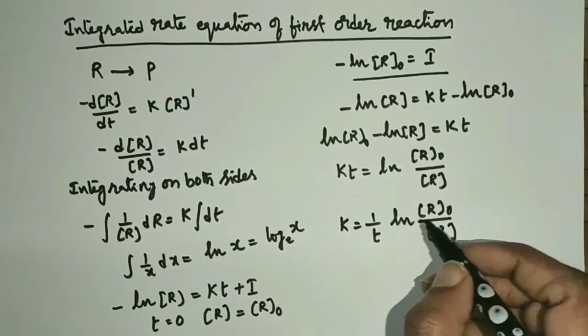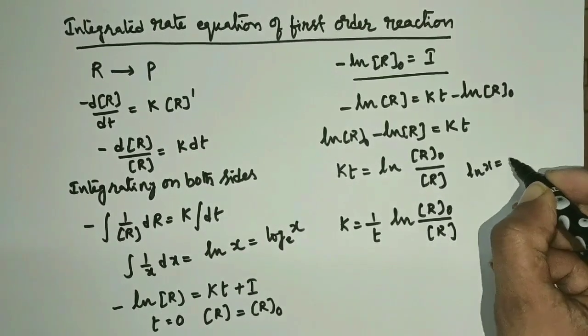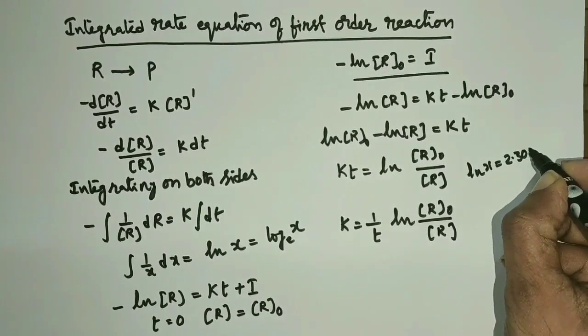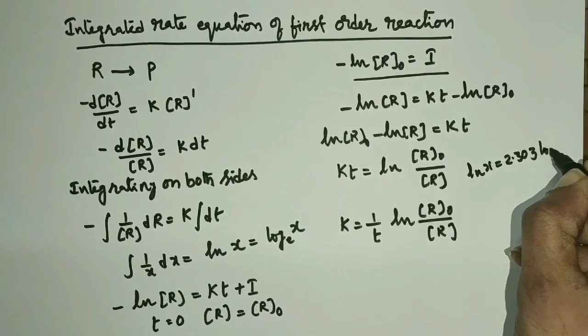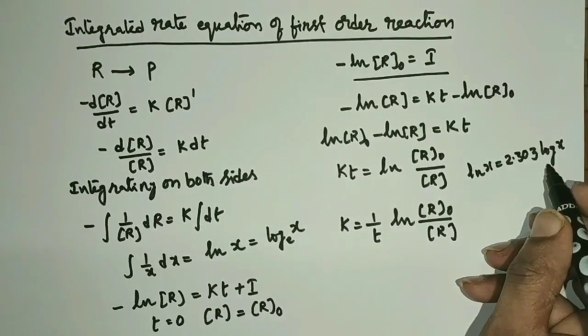If you want to convert ln x into log, then we should substitute 2.303 log x. ln x equals 2.303 log x.